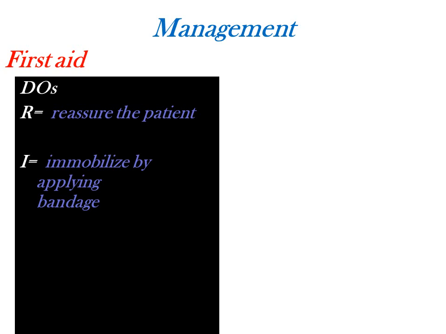The second one is I for immobilization of the affected part. We call it immobilization of the leg or the hand. The method of immobilization, we will just see in the next picture. Then GH means get to the hospital immediately.